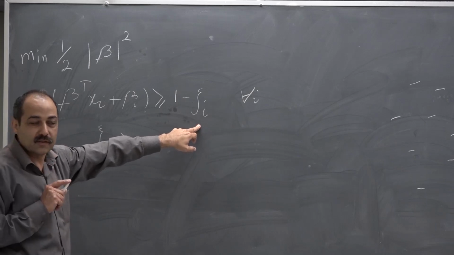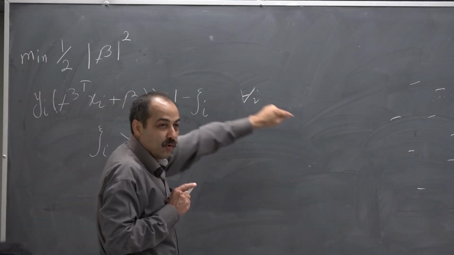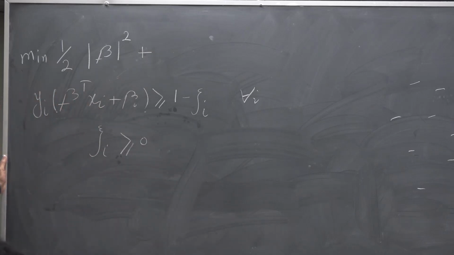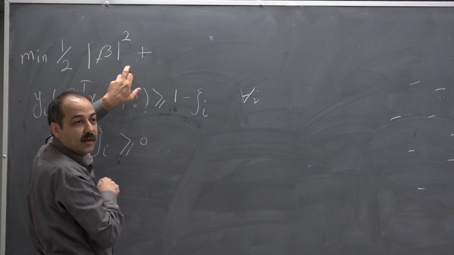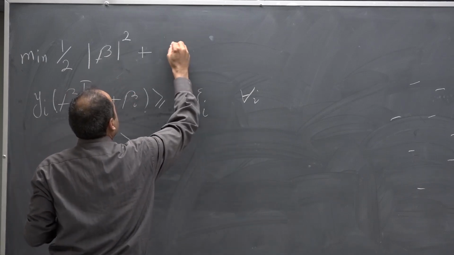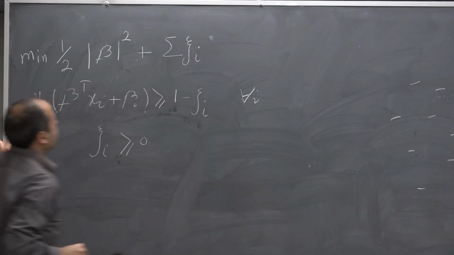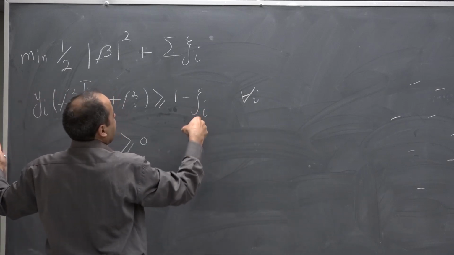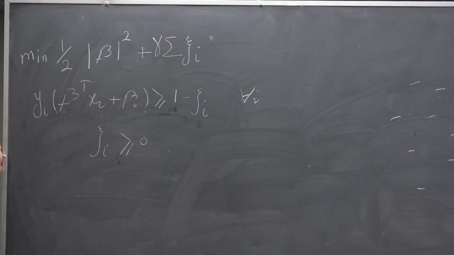violating the constraint. So I let some points go over, but there is always a penalty for that. If they go over, something will be added to my objective function. So I will basically add the sigma of all of these penalties, and that's just a coefficient.